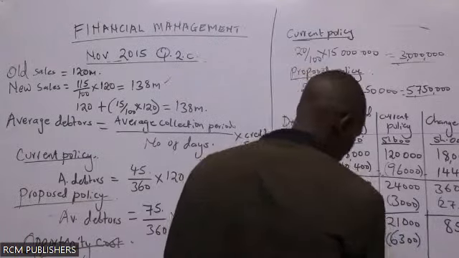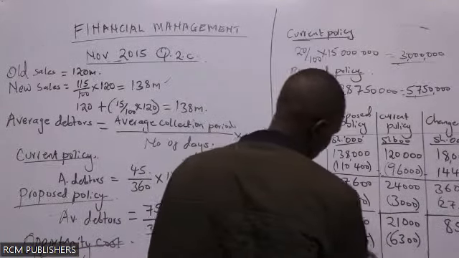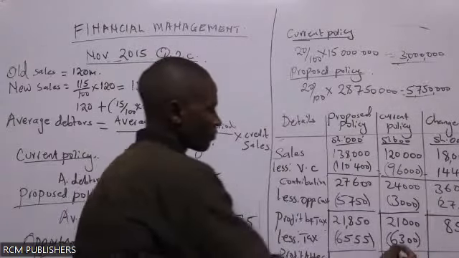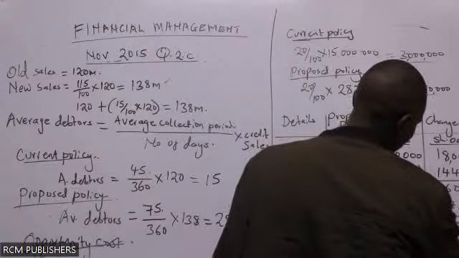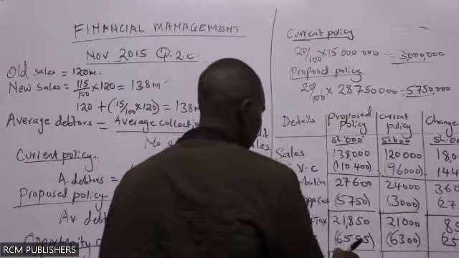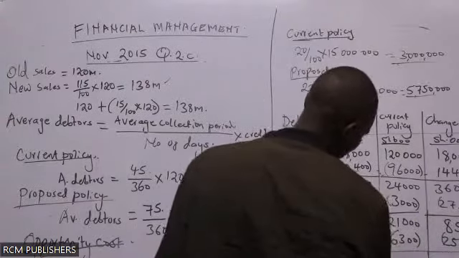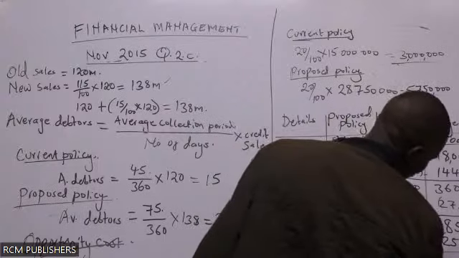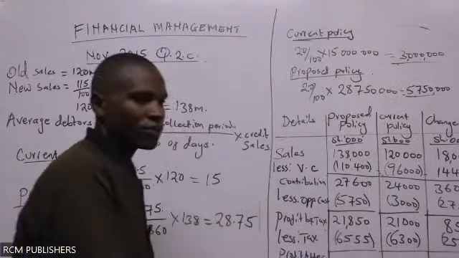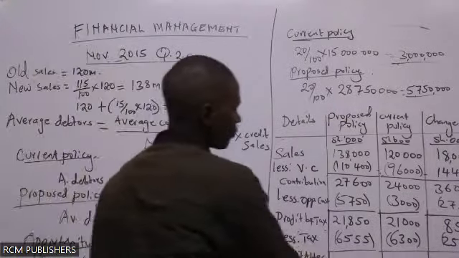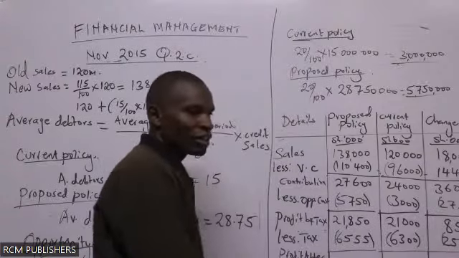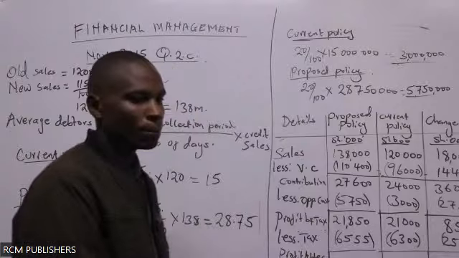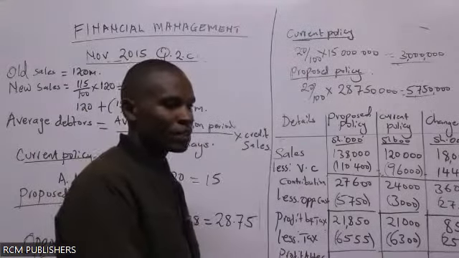But we get our 255. Sasa sasa tupatie the profit. Hii ndio ina determine whether we adopt the proposed policy or we reject it. Inatupatia profit ya ngapi sasa?